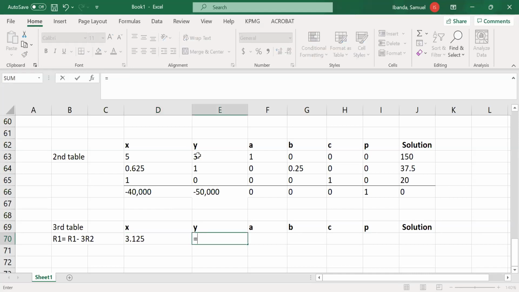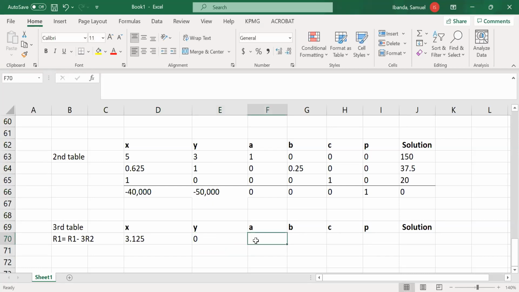This is 3 minus 3 times 1 because my row here is 1. So this will give me 0. And then this one here, this is 1. So it will be basically 1 minus 3 times 0, because the row 2 here is 0. So it will give you 1.